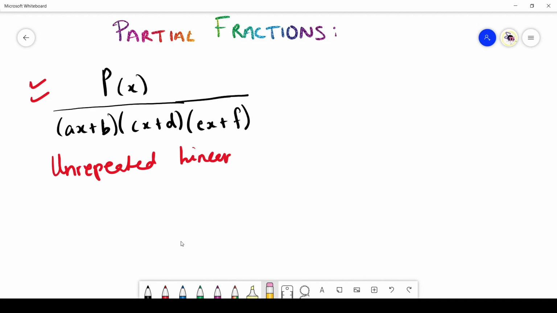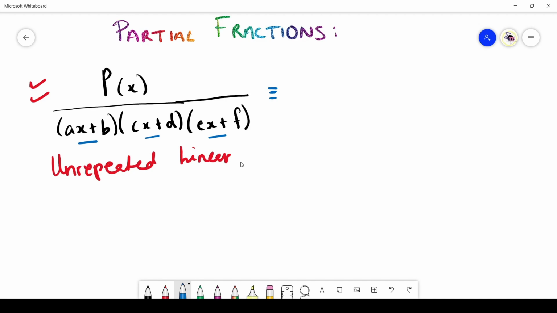Okay, so now that you guys have been able to identify how to tell if your fraction is unrepeated and linear, something like this simply breaks up into a format as follows. Now, how many parts your fraction breaks up into depends on how many factors are present in your denominator.